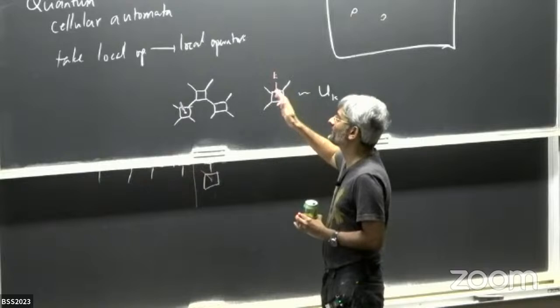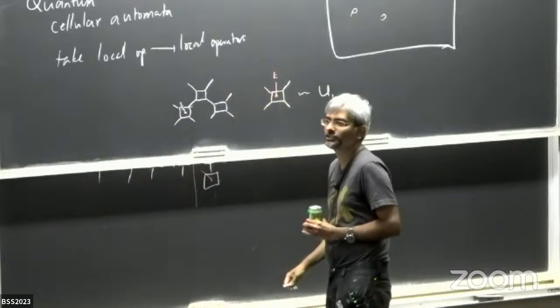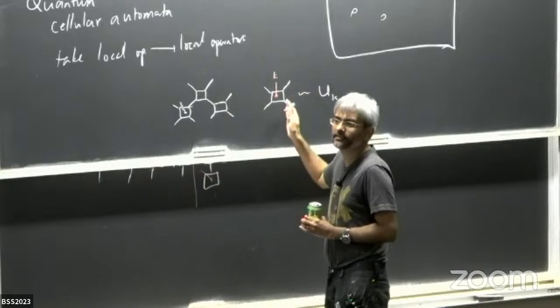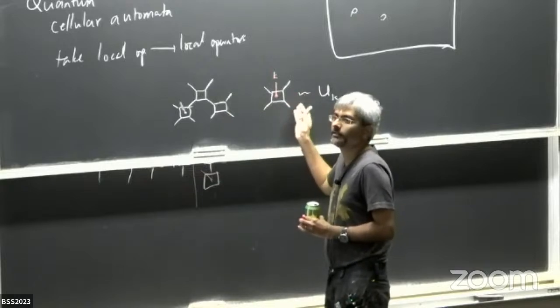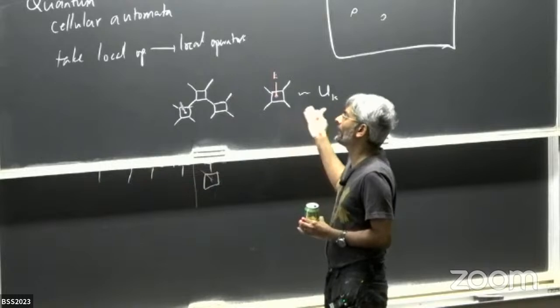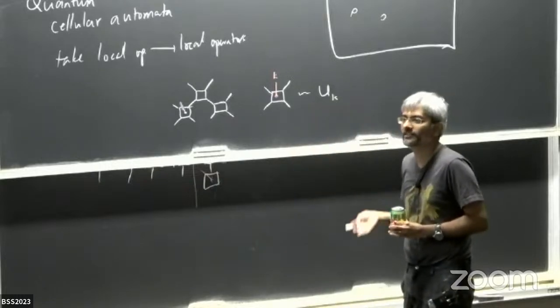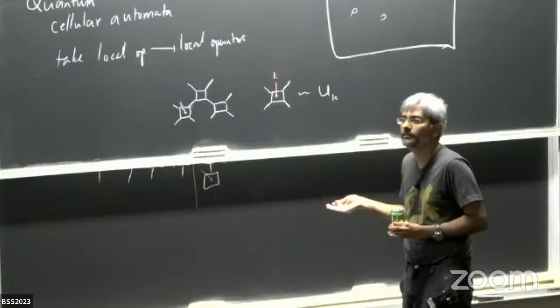So if I make my 2-dimensional tensor network out of tensors like this, which could be random otherwise, then that's a way of understanding this behavior explicitly.